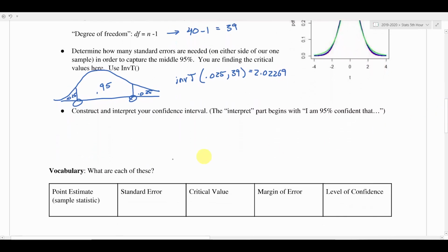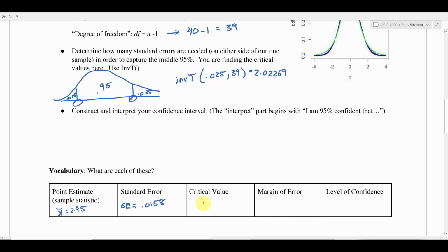So we're at the point where we are ready to construct and interpret our confidence interval. Before I do, I want to make sure I have all of our key pieces of information. We know the point estimate, which we got from one var stats with our data: 2.95. Our standard error, we calculated to be 0.0158.